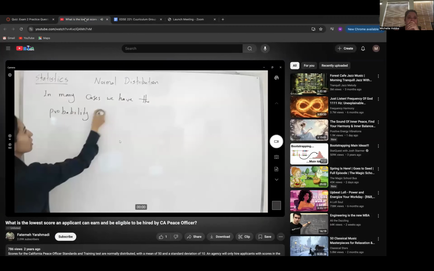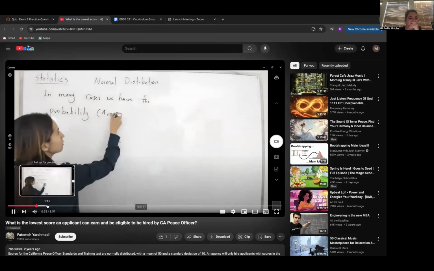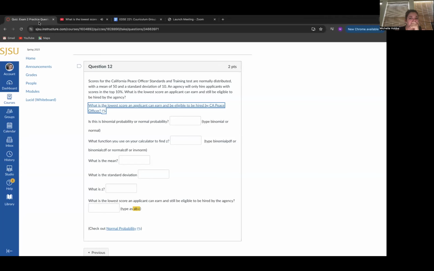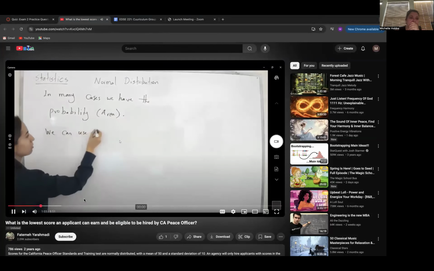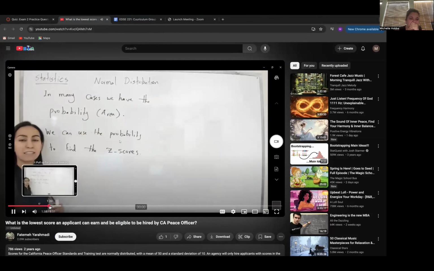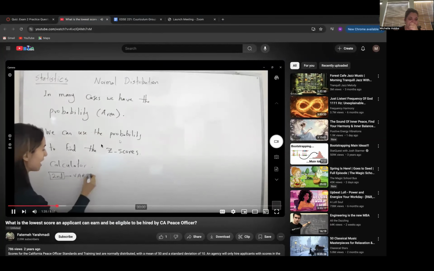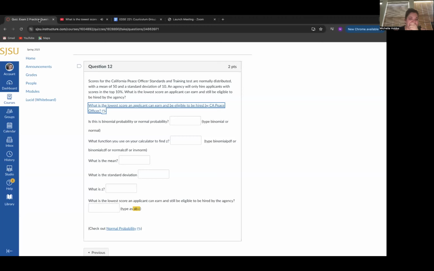Again, guys, when you're talking about the probability, we're talking about the area below the graph. You have the probability. The functionality that you're going to use is inverse norm. You go to vars, and then you're going to use the inverse norm.